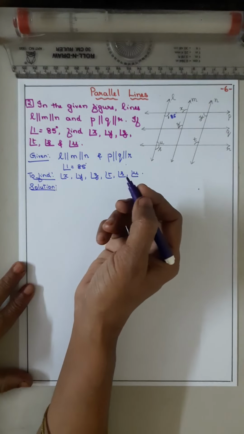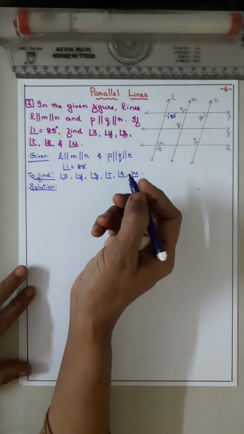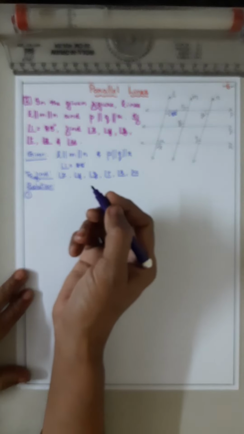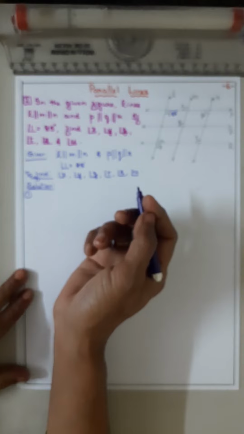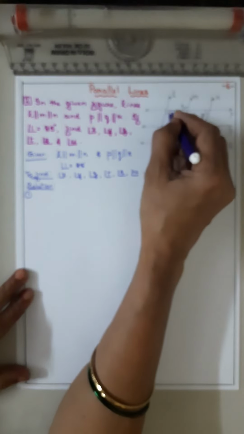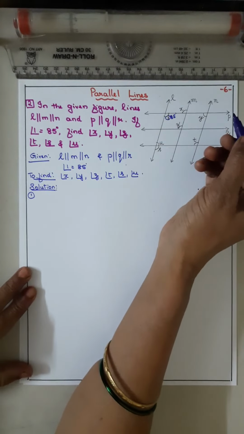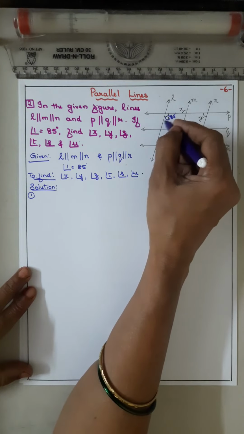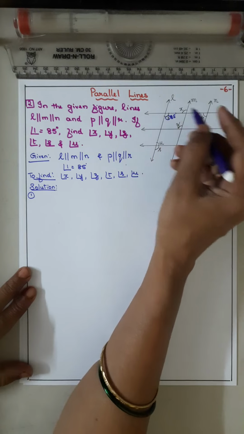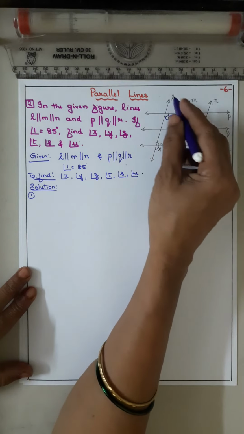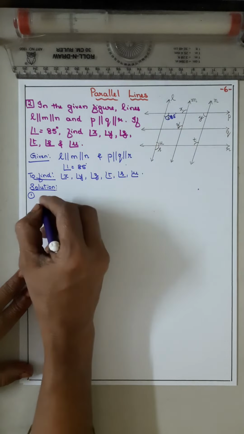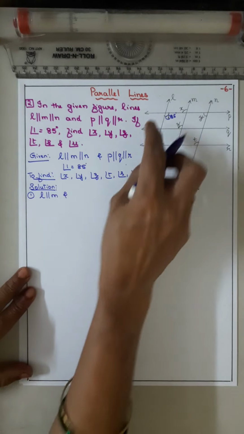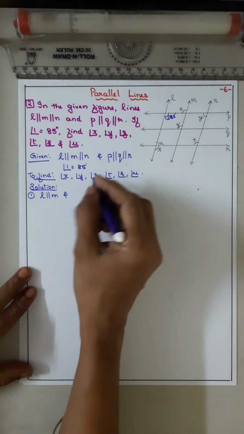Solution. To find angle X, first we will see angle X is equal to angle 1. For that, which two lines do you have to take? L is parallel to M, and which is the transversal?